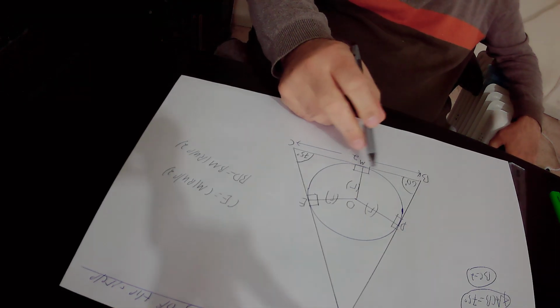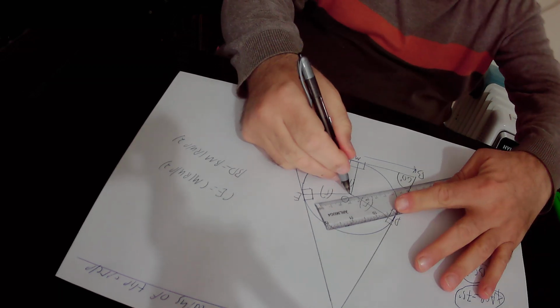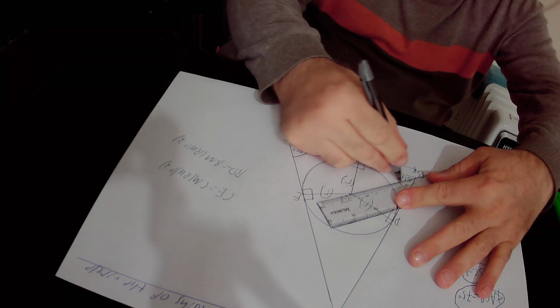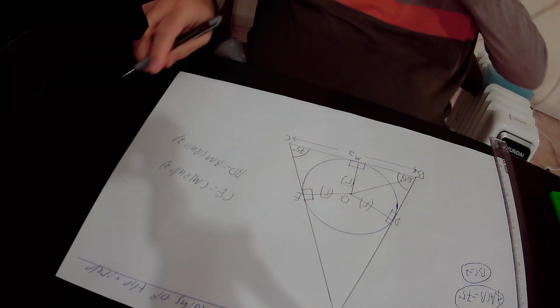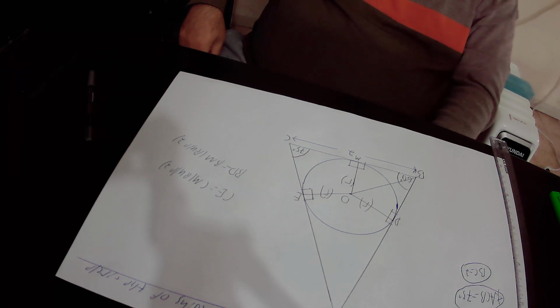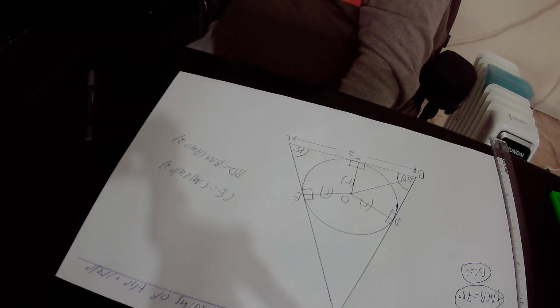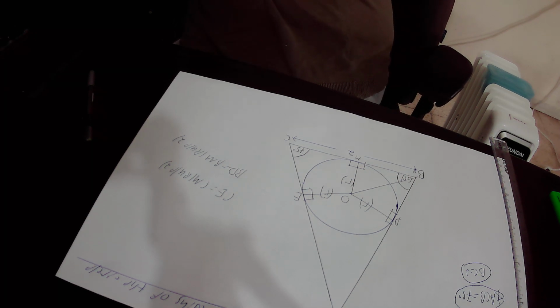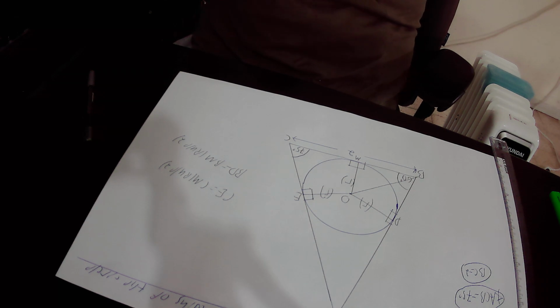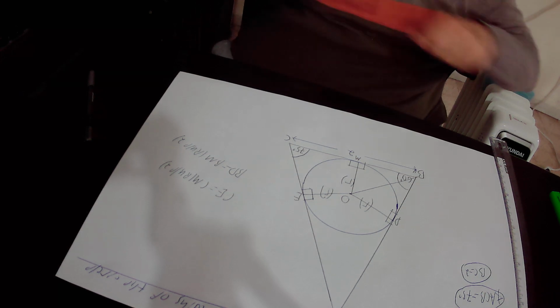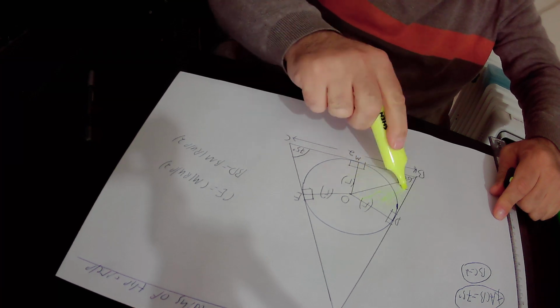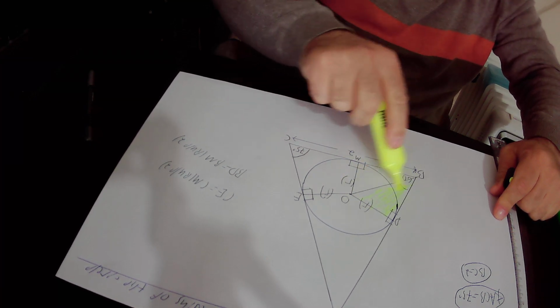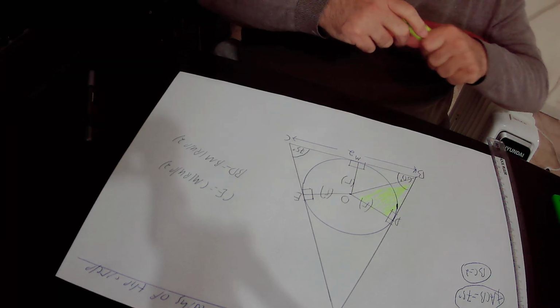In the next step, we will join points O and B together by a straight line. And we will prove that the yellow triangle EDO is congruent to the green triangle, triangle OBN.